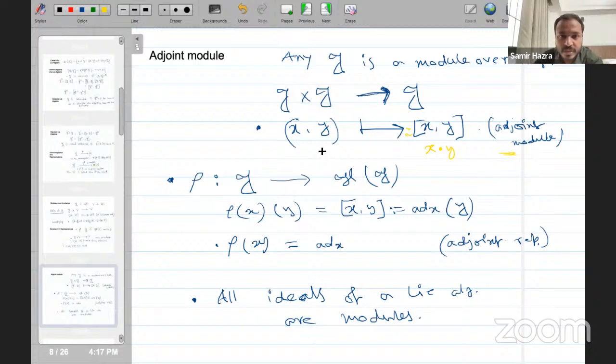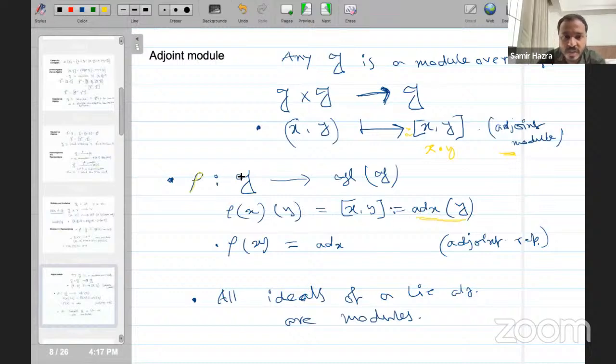So if you want to write the representation corresponding to this module structure, then we can write it in a similar way. We have seen it in the last lecture, in the last slide. So rho(x)(y) can be defined to be just the bracket [x,y], where we are introducing this ad map. So this is defined to be ad x of y.